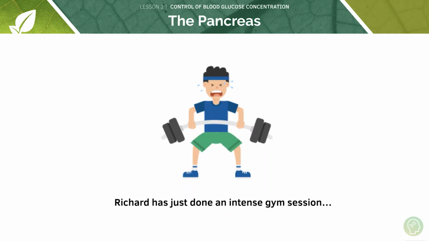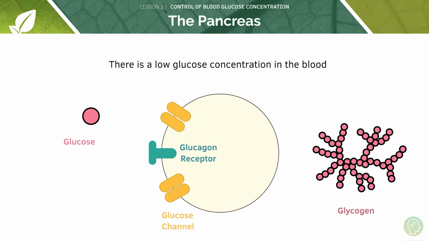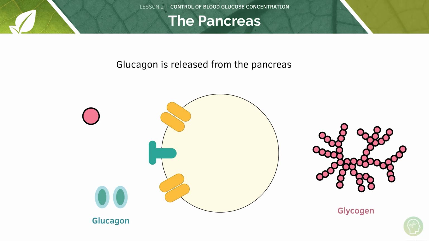Now let's look at a contrasting example. So Richard has just done an intense gym session. There is a low glucose concentration in his blood because his muscle cells have just been using a lot of glucose in respiration. So he's hypoglycemic, he's got a low glucose concentration in his blood. Now, glucagon is released from the pancreas.